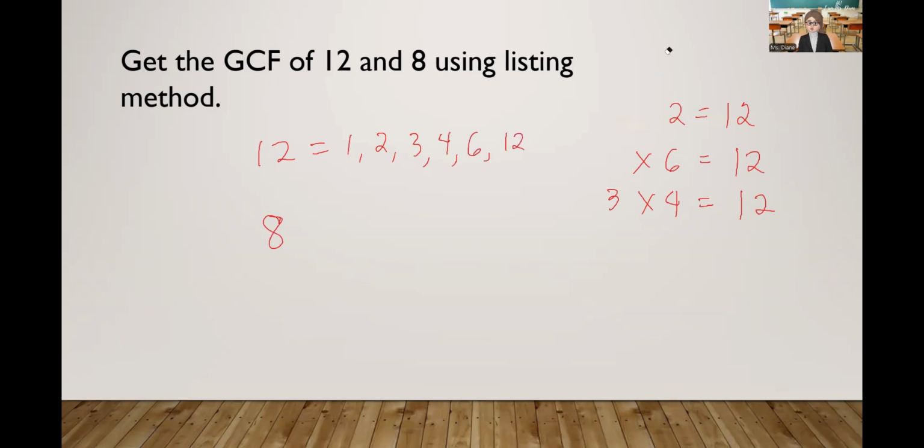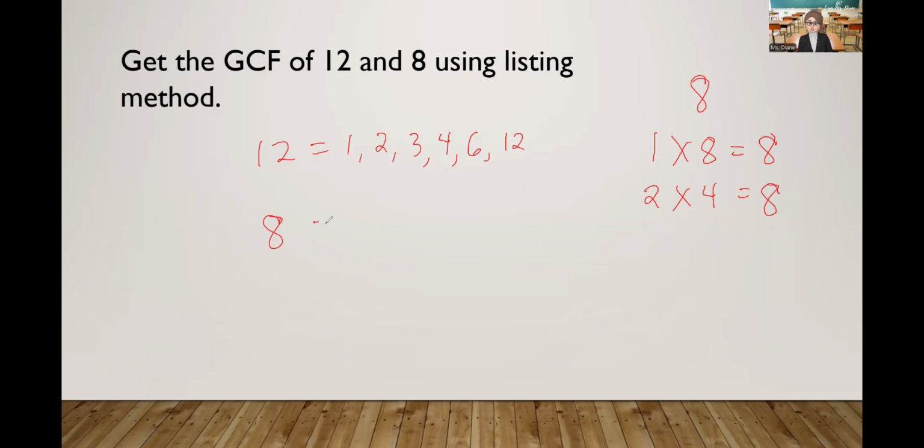Next, we list the factors of 8. If we multiply 1 times 8, that is equal to 8. 2 times 4, that is equal to 8.